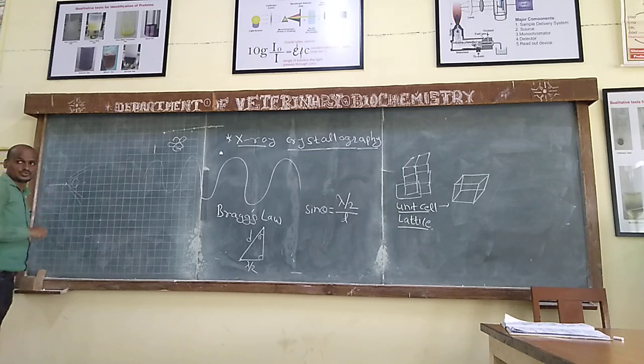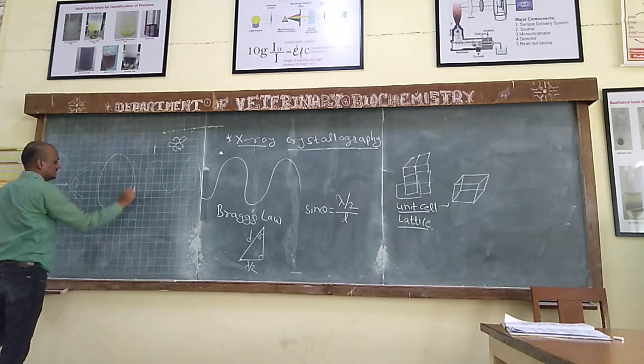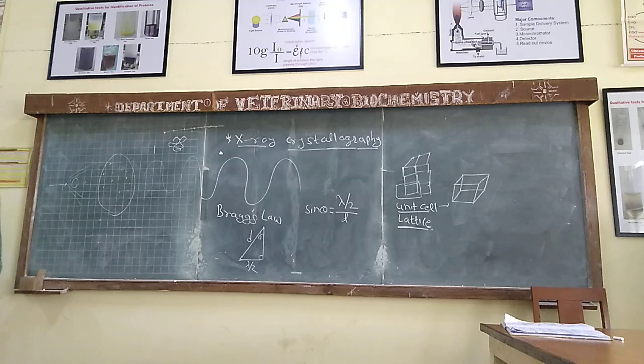Some will go through it, and this is a detector. On the detector you will get the dots. Okay, based on these dots we have to determine what is the structure of this atom. This is the structure of this crystal. So this crystal structure we have to determine.